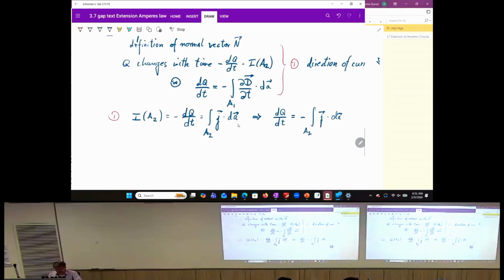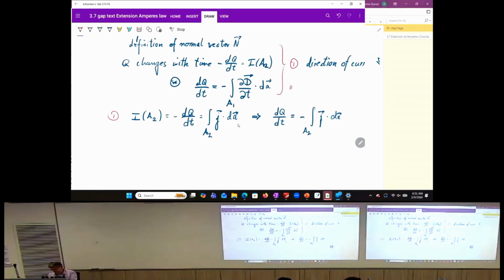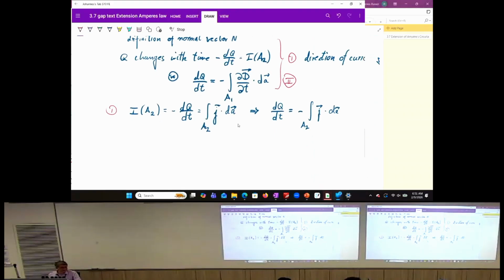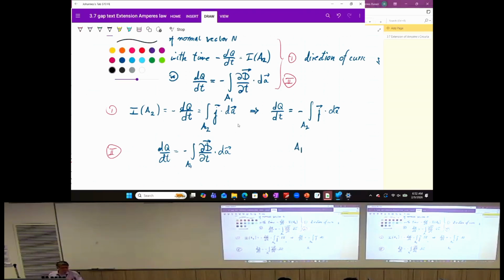On the other hand, if we look at the second way of expressing the temporal change of the charge via Gauss's law, then we have dq by dt is exactly this, minus d by dt with respect to time, and we integrate here over the area 1. Now compare these two.